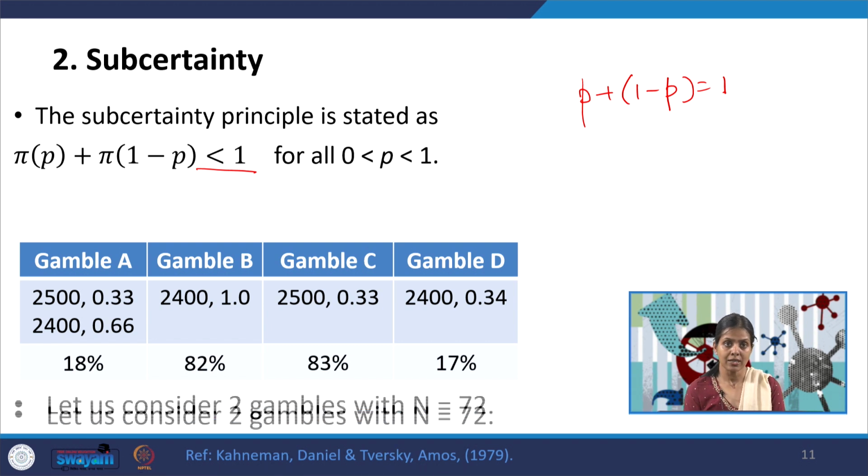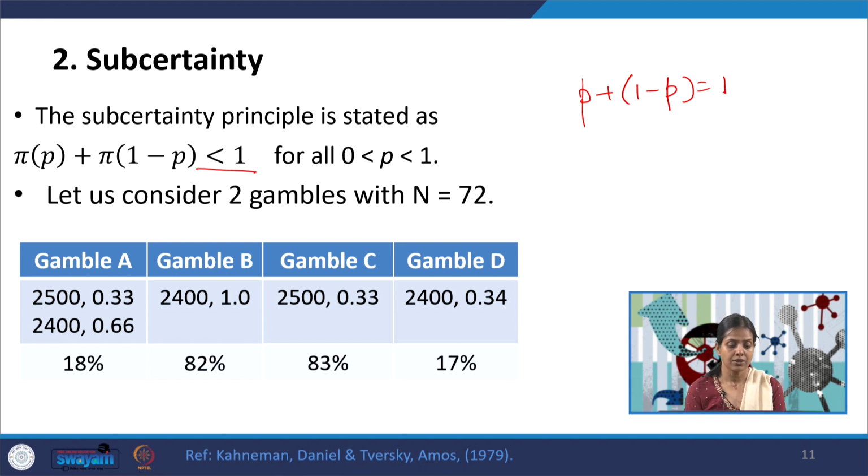So, for this we actually consider two gambles again with N equals 72. Gamble A has winning possibility of 2500 with a probability of 0.33 and alternative is 2400 with a probability of 0.66.